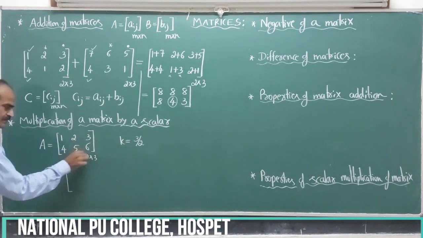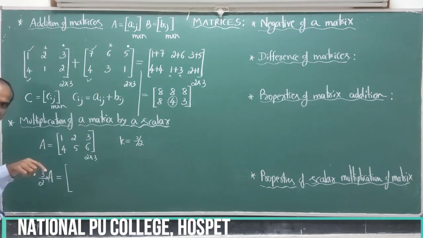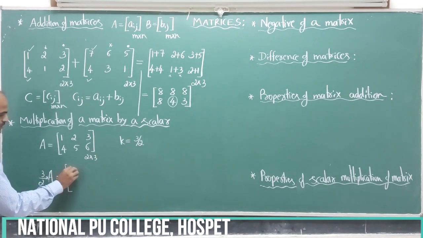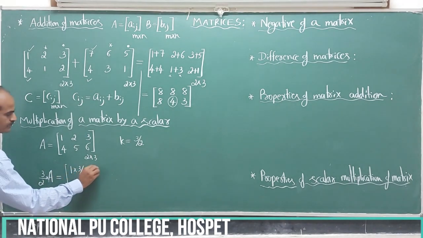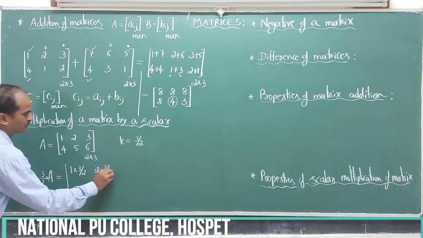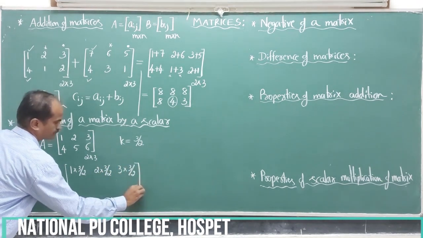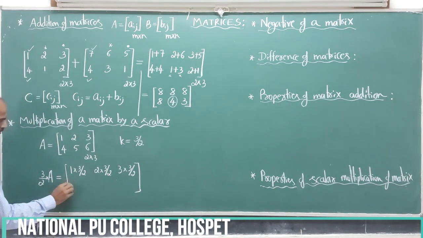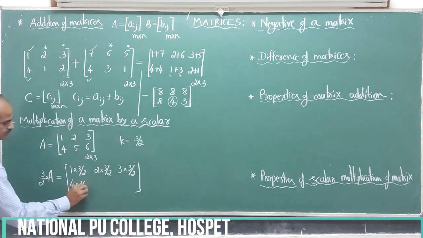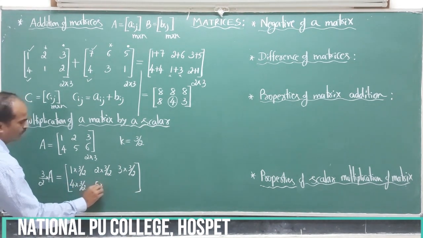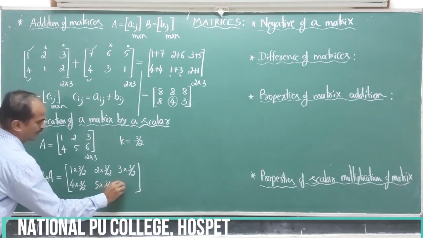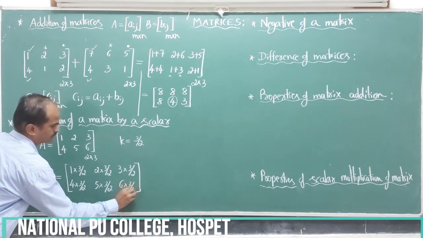Each element of the matrix must be multiplied with that scalar. That is 1 into 3 by 2, 2 into 3 by 2, 3 into 3 by 2, 4 into 3 by 2, 5 into 3 by 2, 6 into 3 by 2.